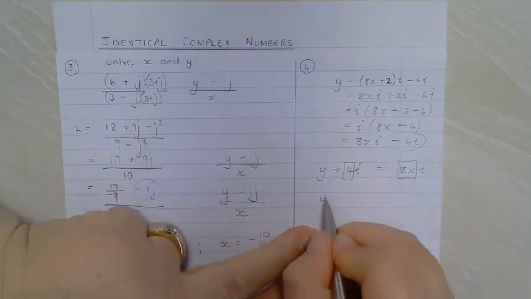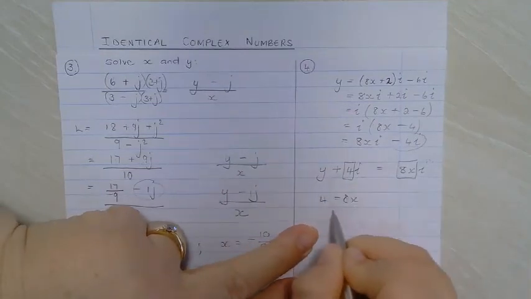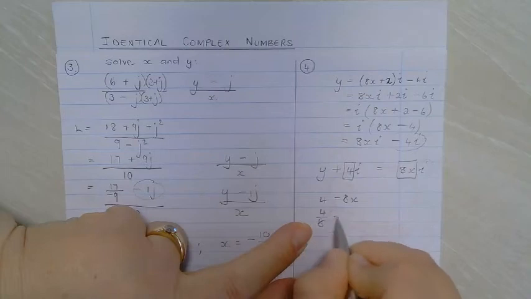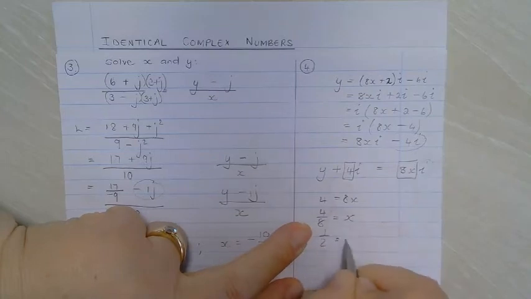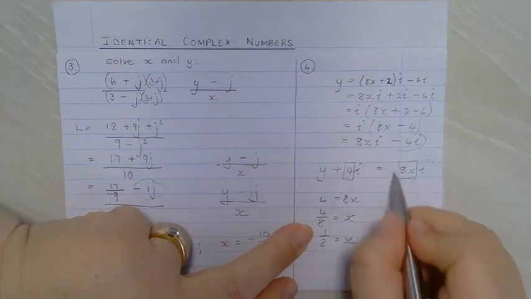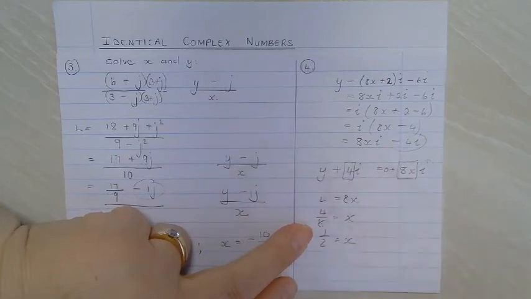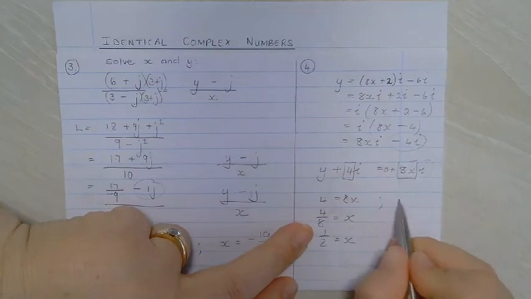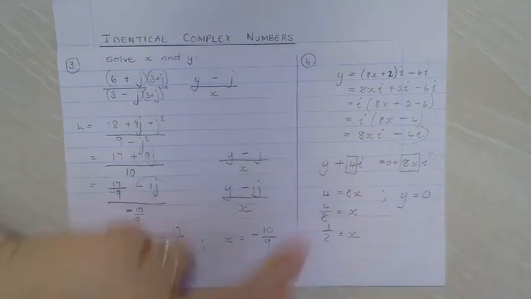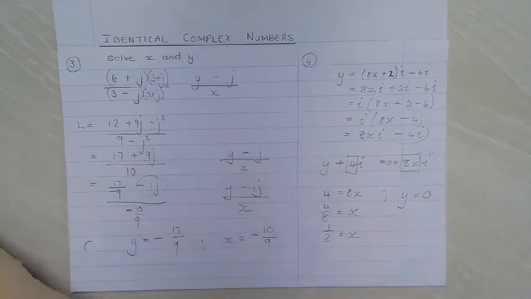So we will get 4 equal to 8x. So 4 over 8 is equal to x, which gives us a half. But because there's no term in place of y, we could say it's 0 plus. So y will be equal to 0. Okay, so that is how to work with identical complex numbers.